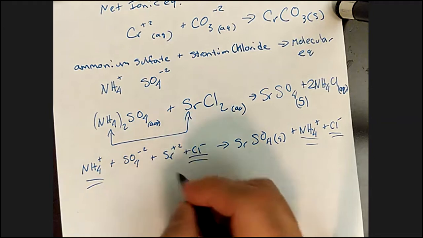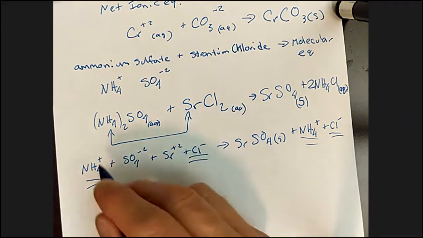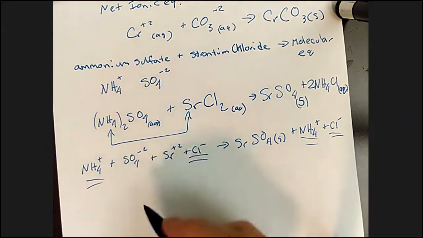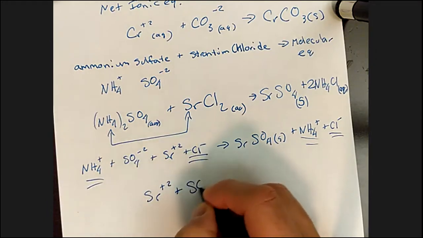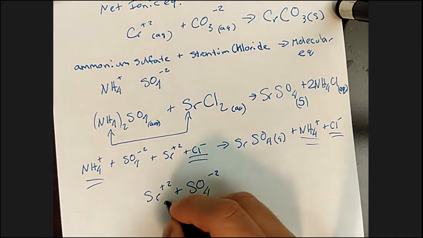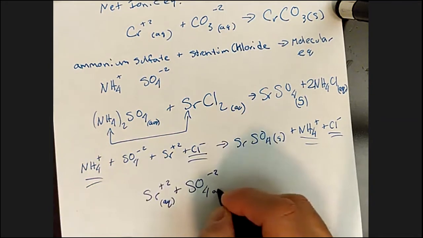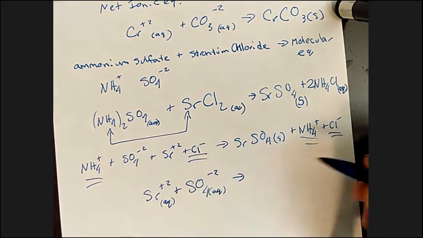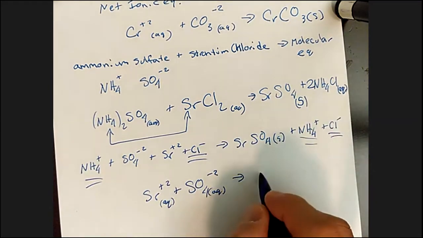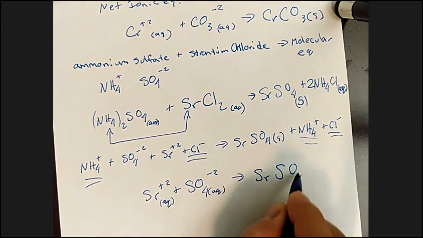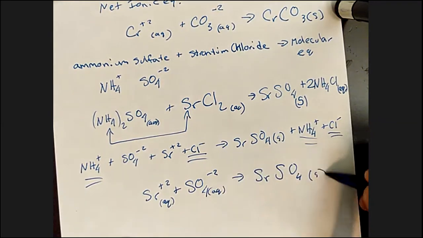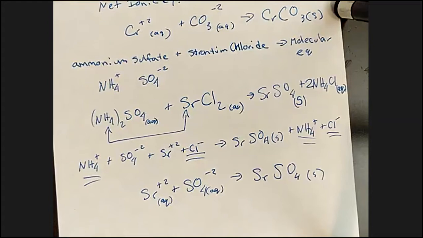And then for our net ionic equation, take out the spectator ions, and whatever's left over is your net ionic equation.